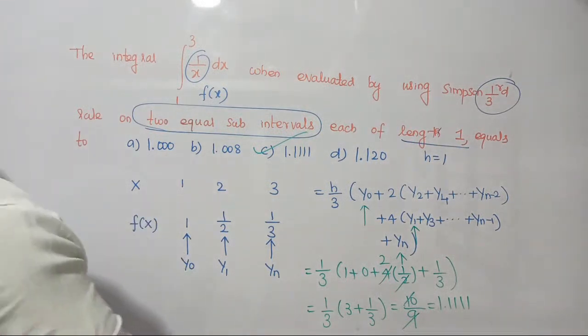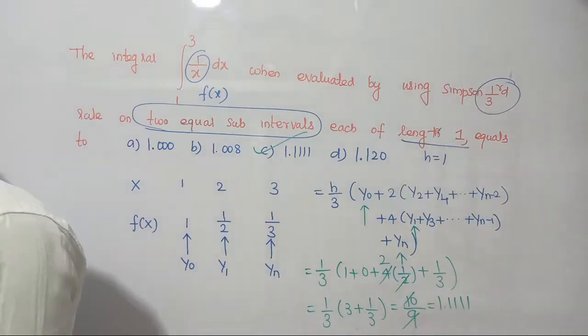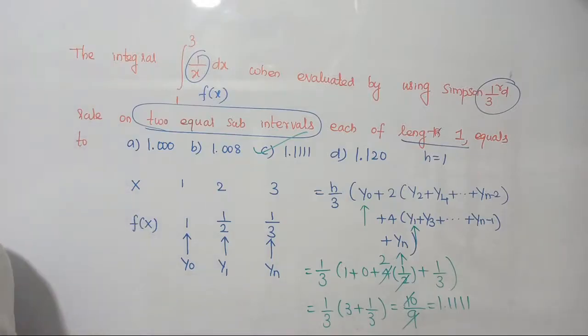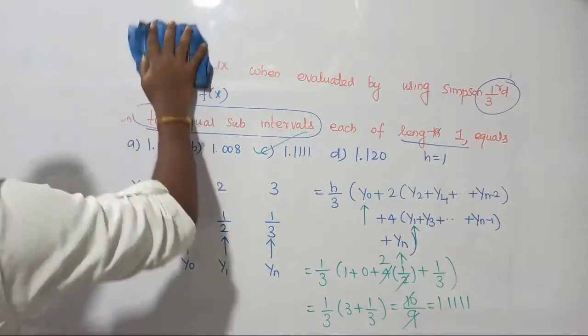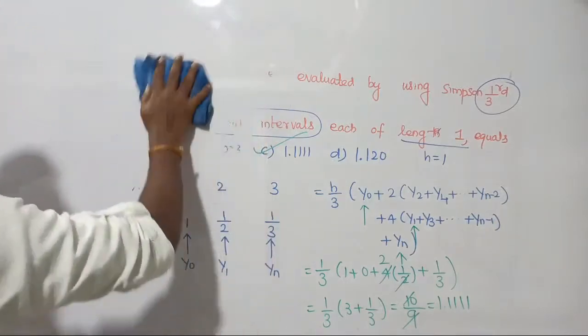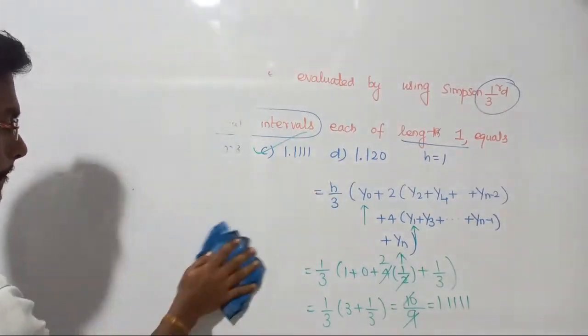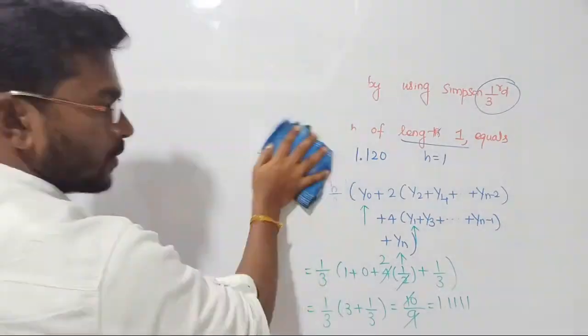Someone got the answer. Next, let us take the question. The function is given, and using the trapezoidal rule you are supposed to bring the answer. So let me erase this.